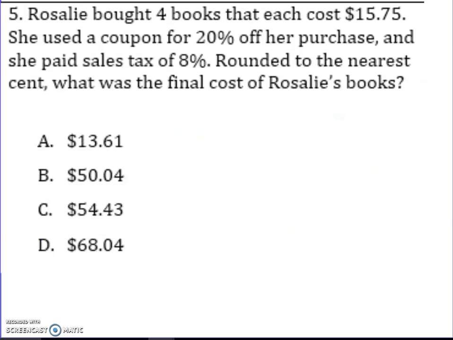Okay, it says Rosalie bought 4 books that each cost $15.75. So we're going to have to do $15.75 times 4 first. And she used a coupon for 20% off her purchase, and she paid a sales tax of 8%.